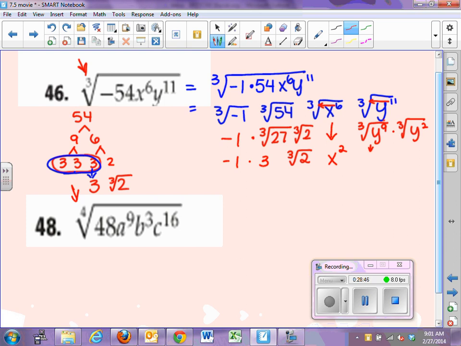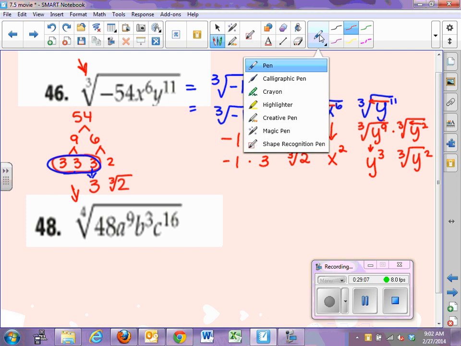So for this one, it's going to give me y to the 3rd. And then this one is too small to actually take the cube root of. It's like taking the square root of 5. The number's too small to take some number out. So I'm left with the cube root of y squared. So what's my answer? Let me highlight.